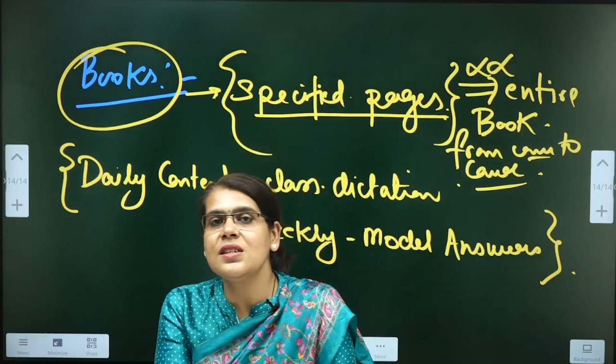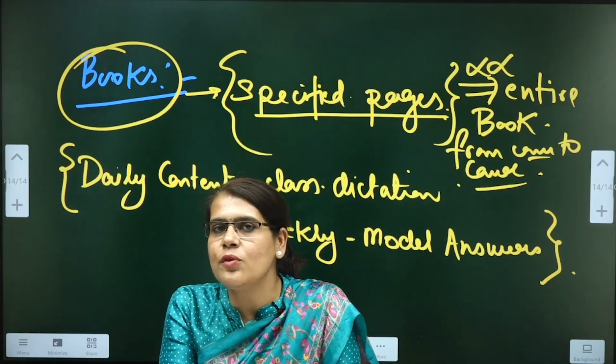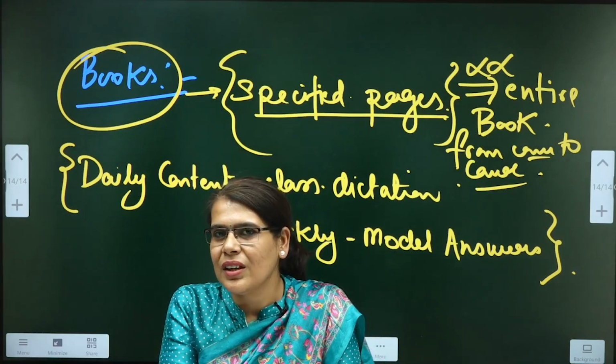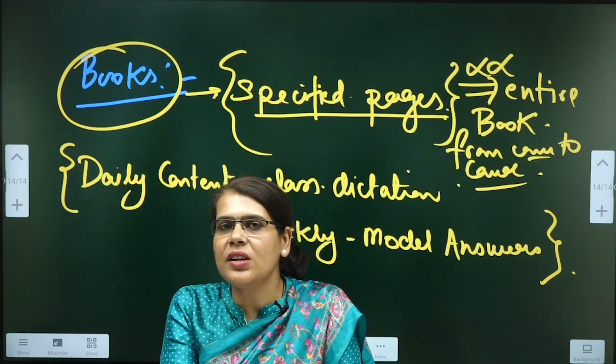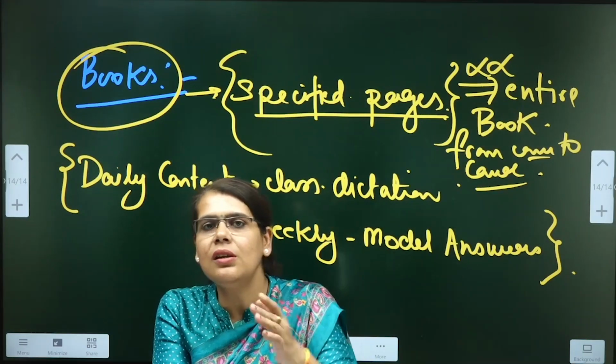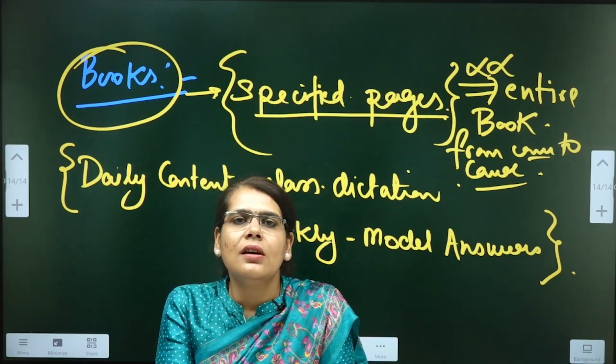You have a clarity with respect to the time which must be devoted to geography optional and what should be your strategy. Now let's move towards a very important discussion. That is, how should I plan for geography optional from 1 year ahead?